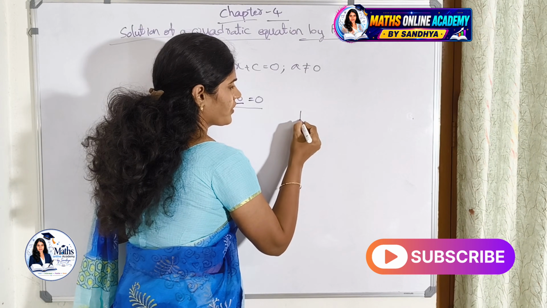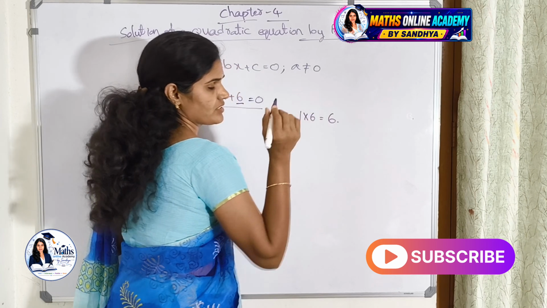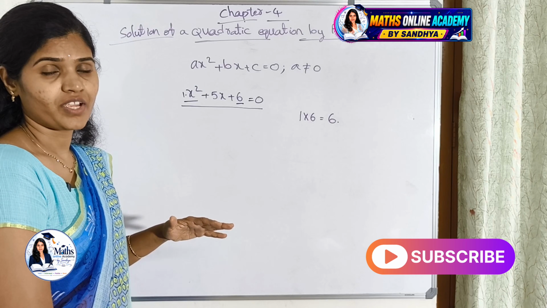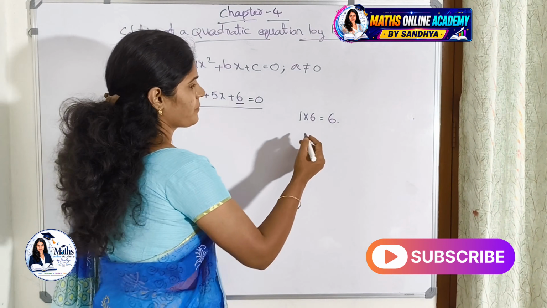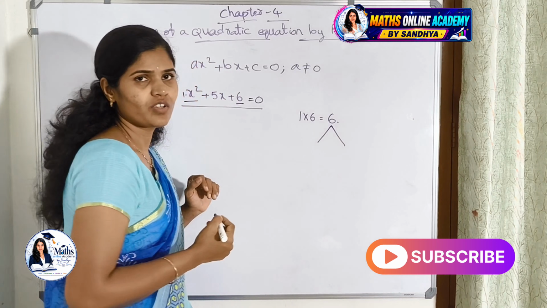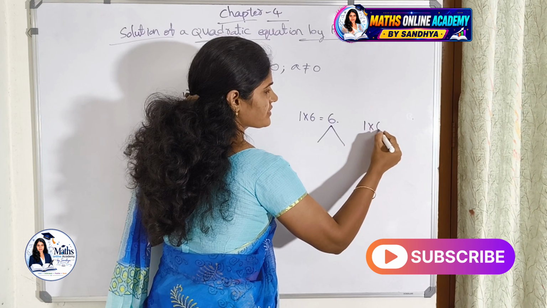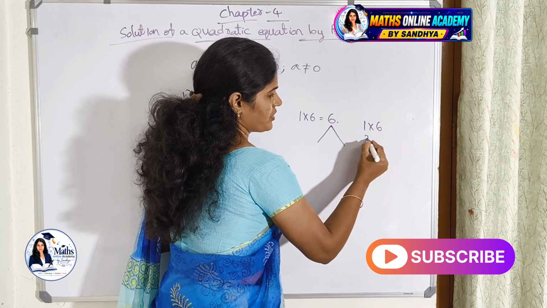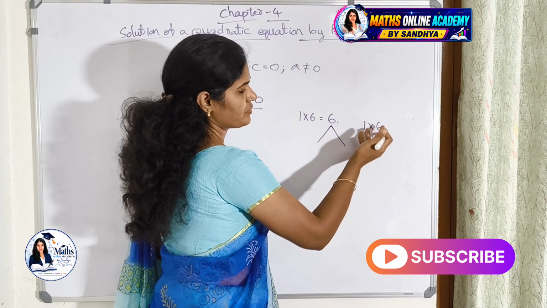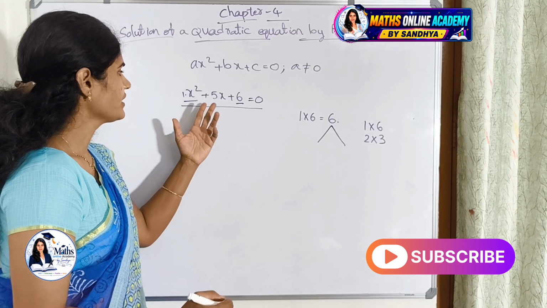So take 1 into 6 equal to 6. Factorization means you separate into factors. Now for 6, what are the factors? 1 into 6, and 2 into 3. These two are the factor pairs.